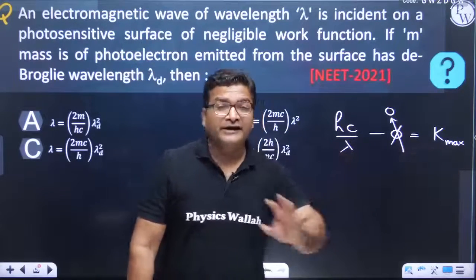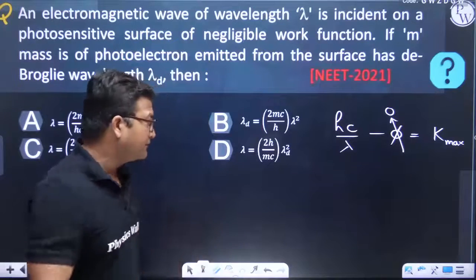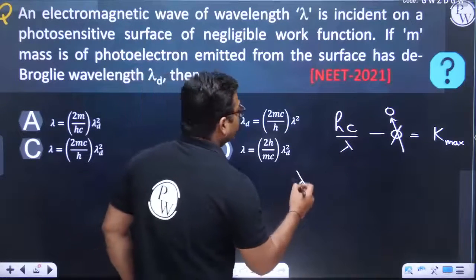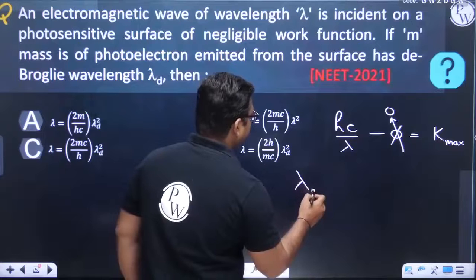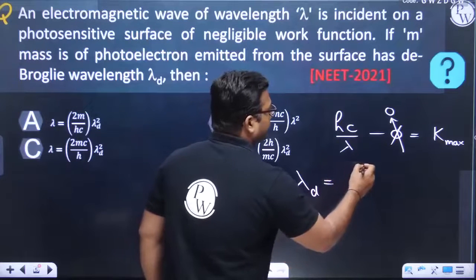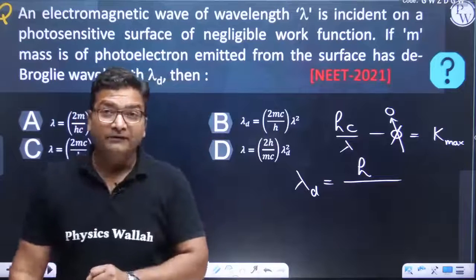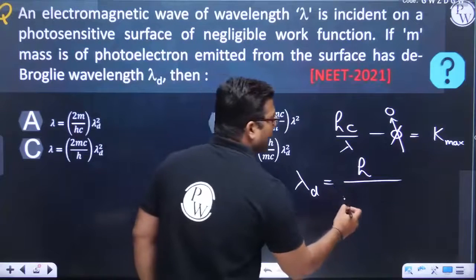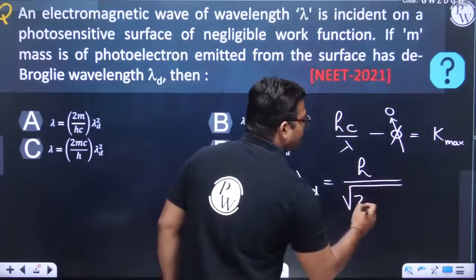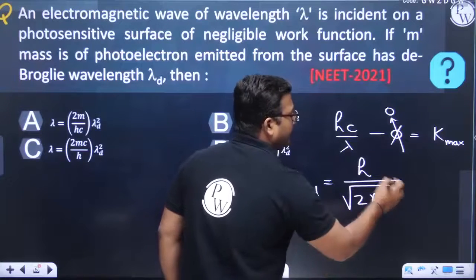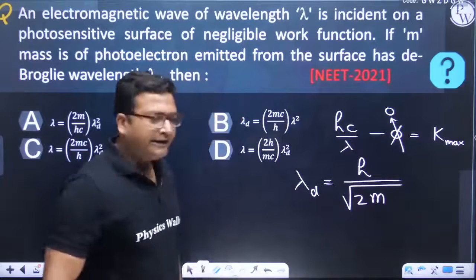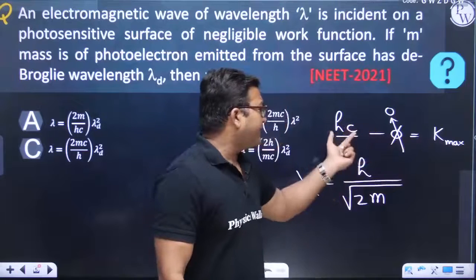So this is the kinetic energy. And if we know the kinetic energy, the de Broglie wavelength, which is lambda d here, can be written as h divided by the magnitude of momentum, which is the square root of 2 m times kinetic energy. And can you see the kinetic energy equals hc by lambda?